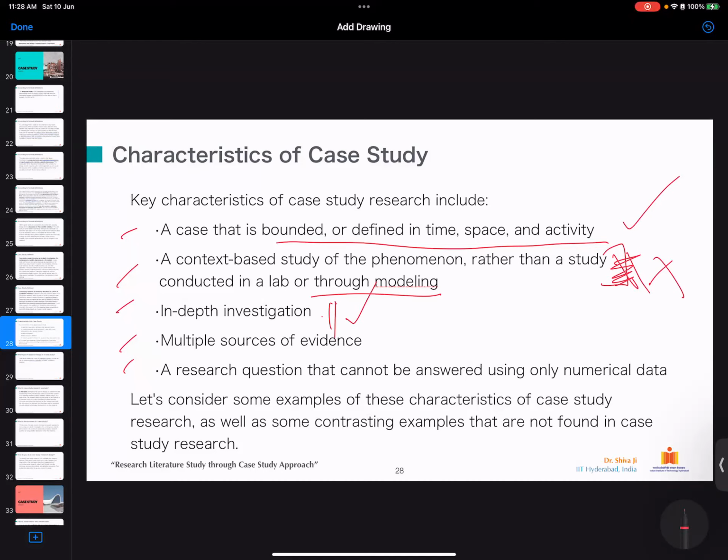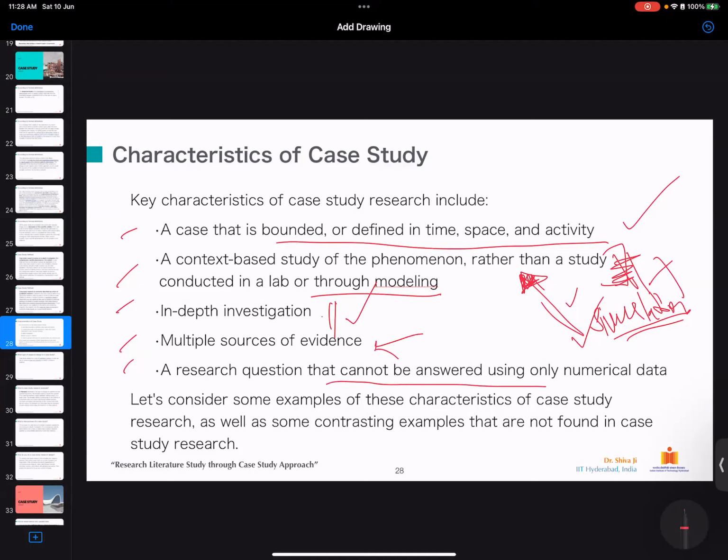In any lab-based thing, the limitation is it can still give you simulation-based data, but simulation still cannot be compared with the real-life situation, because real-life situations may differ. In case studies, you get to see multiple sources of evidence.